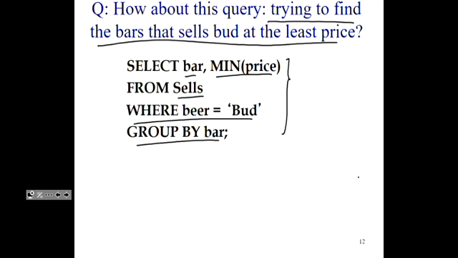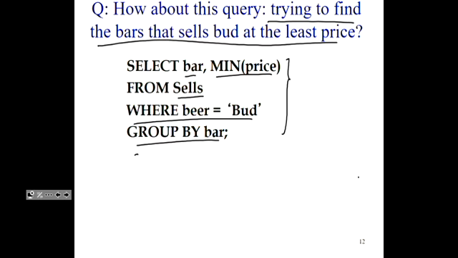We can first use a subquery to find the minimum price for bar, and then we can select bar which has that price for bar. Perfect. So his suggestion was, why don't you use a subquery to find the minimum possible price that bud is sold, and then you use an overall query which tries to check whether the price that they are selling bud at is equal to this. Okay, so let's try to work through that.